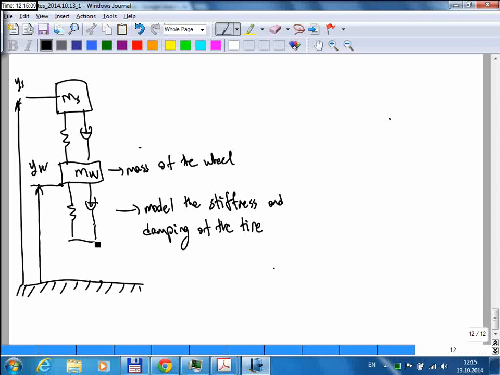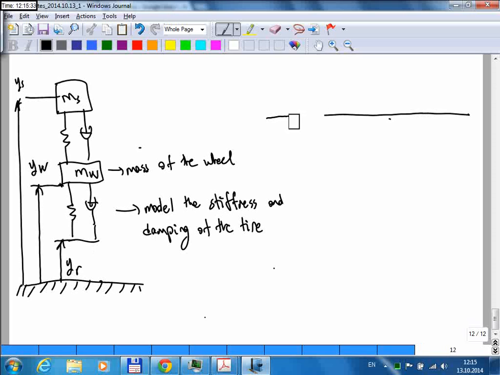And what this is, is the position of the road surface. Okay, so I'm going to give this another name, yr. So what this represents is the surface of the road. So if you are driving along a straight road, then yr is a constant number.